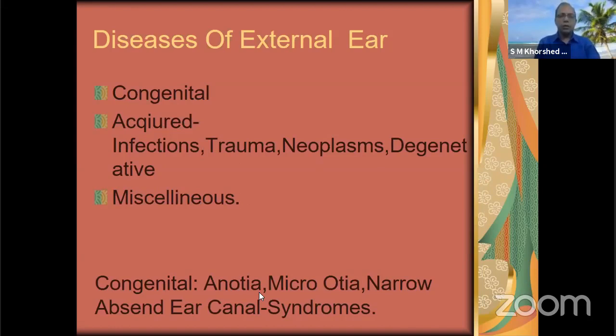The acquired diseases can be infection, trauma, neoplasm, or degenerative diseases. And some are miscellaneous diseases, which cannot be classified. One or two more diseases have to be remembered. Congenital diseases will come again onto this.